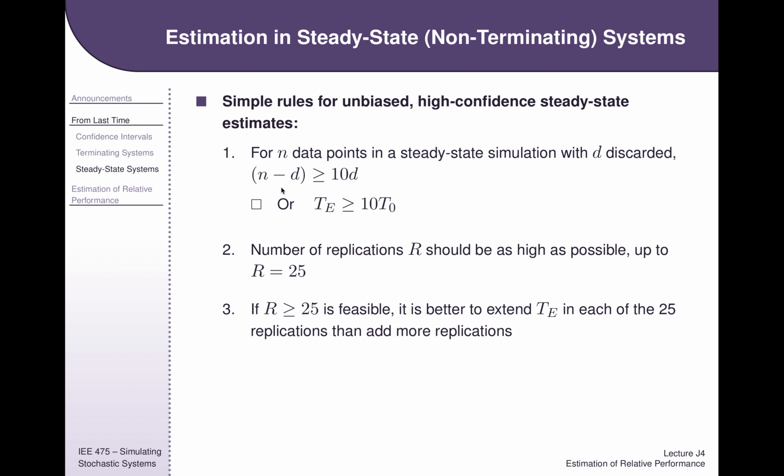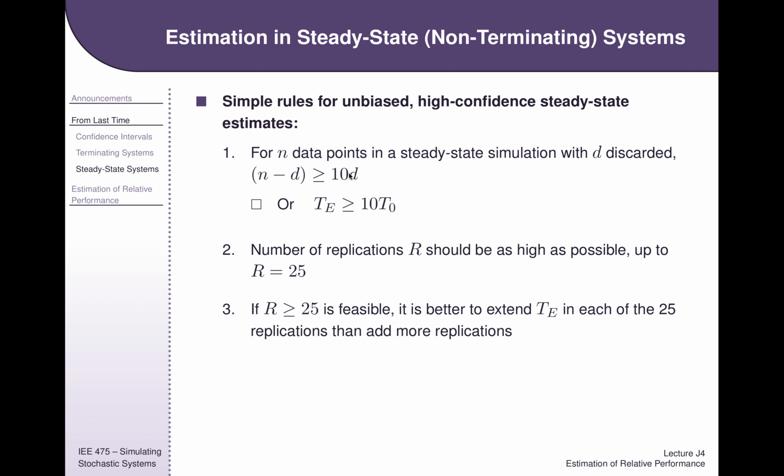And so in the discrete case, I can just take the number of samples left in my single simulation run, and I will make sure that that is at least 10 times the number of discarded samples at the beginning of the simulation run. This is just in a single run, in a single replicate. In the continuous time case, if I've chopped off T naught at the beginning of each, I'm going to make sure that the entire sim runs for at least 10 times that.